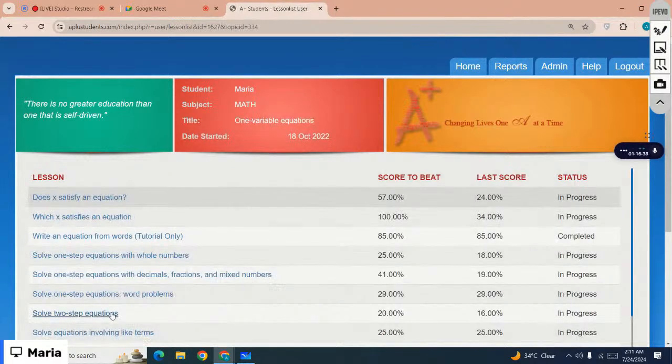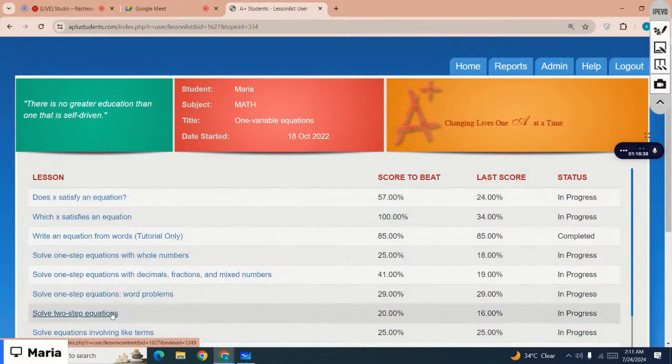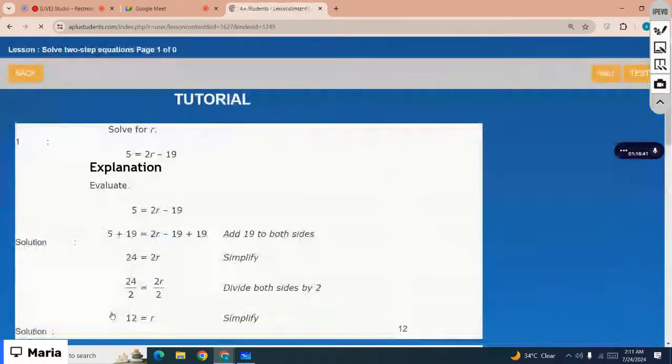Okay, here it is. Solve two-step equations. So let's start with the first example.